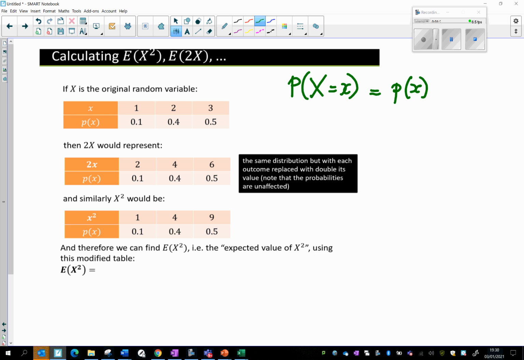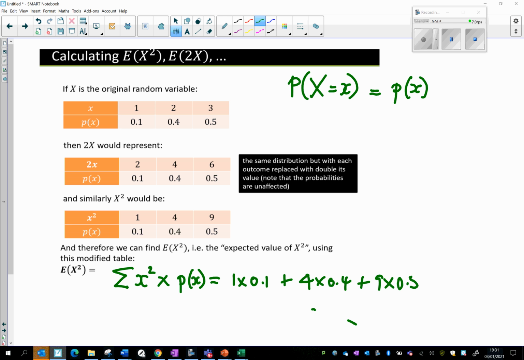If we look at the last table, if we want to work out the expected value of x squared, then we just do the sum of each value of x squared multiplied by the probability of each of those. Let's call it p of x. So all we do is 1 times 0.1 plus 4 times 0.4 plus 9 times 0.5.